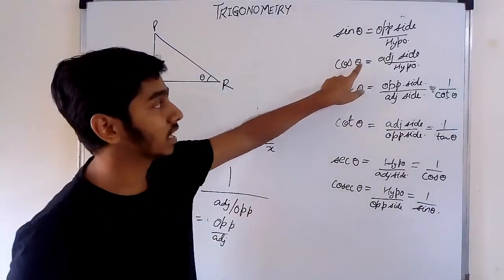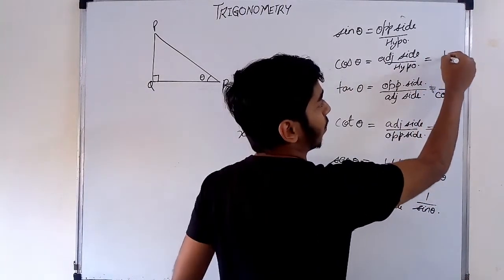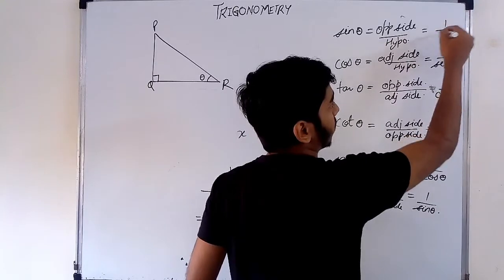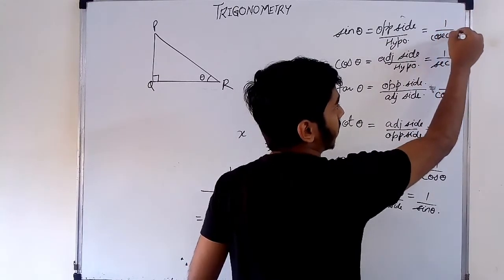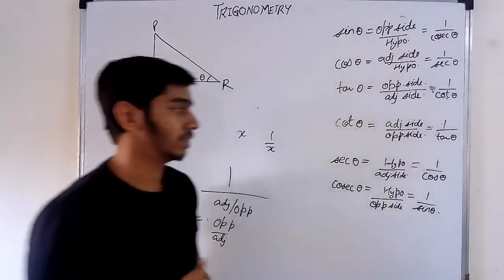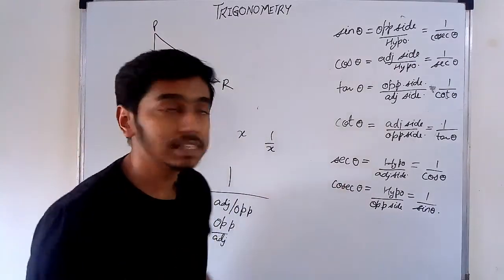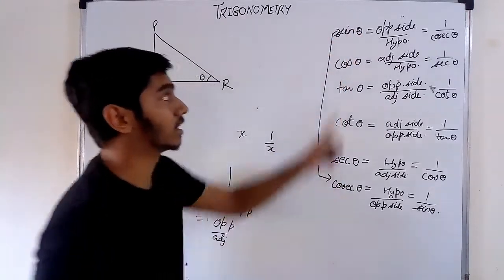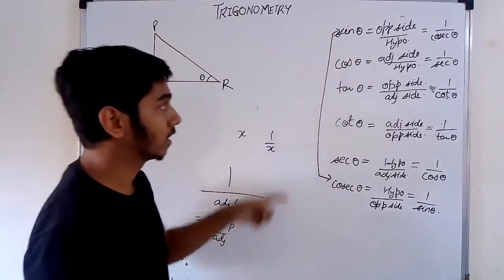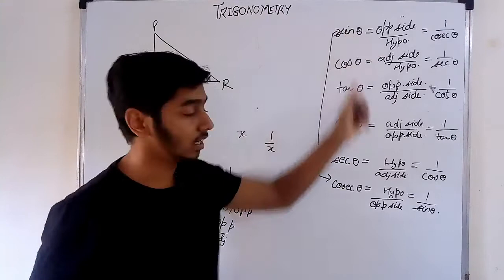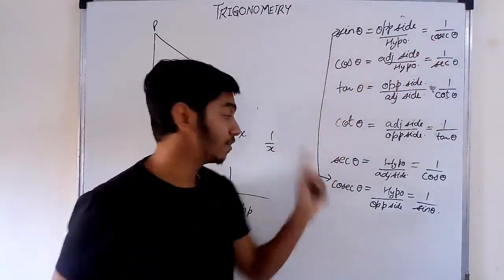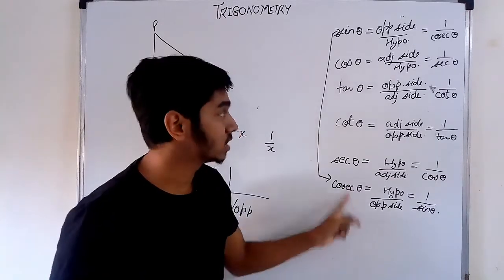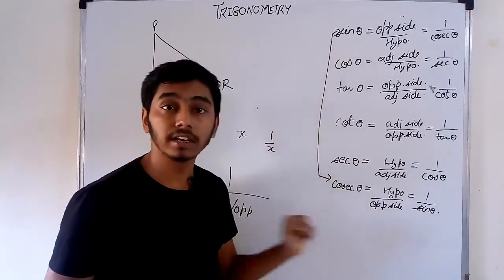Or you can say cos is 1 upon sec theta, and sine is 1 upon cosec theta. So what can we say here? Sine and cosec are reciprocals of each other, correct? Because sine theta is equal to 1 upon cosec theta, and cosec theta is 1 upon sine theta. Yes or no? That's the relation between sine and cosec.